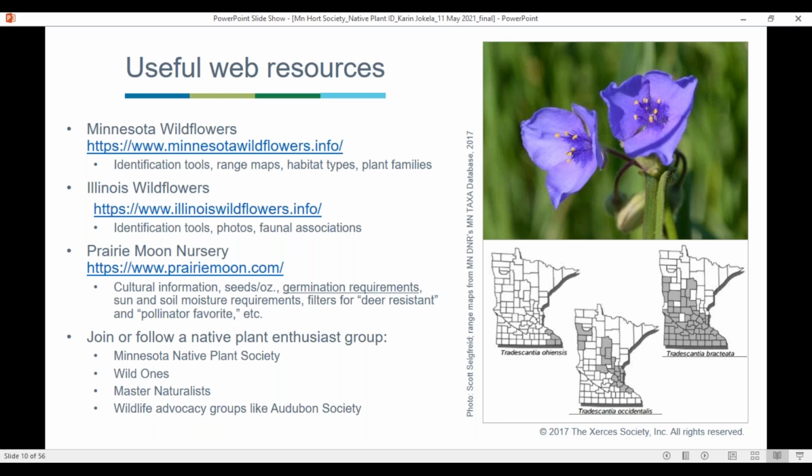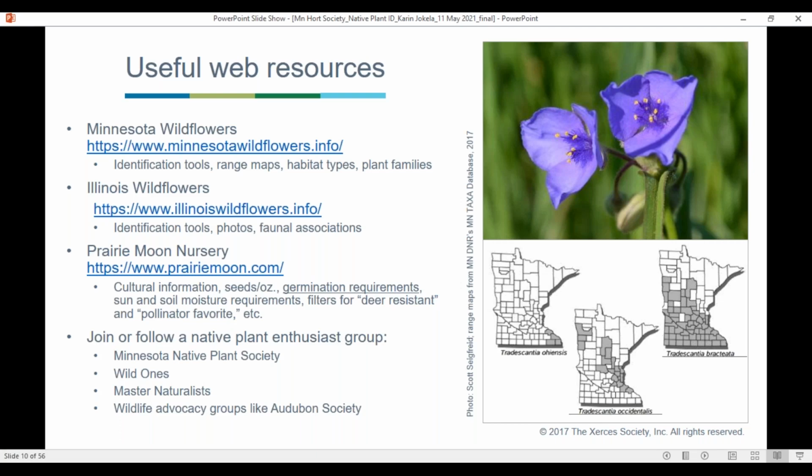There's a lot of overlap in our flora. But they use a little bit of different language, and so that might be helpful as you're learning to identify things.